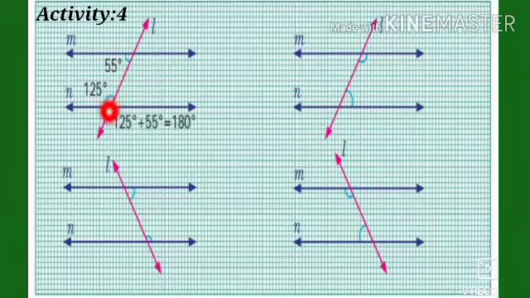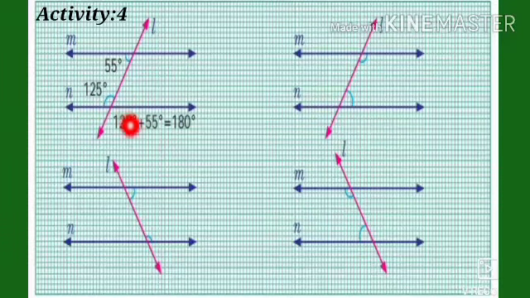And here come to this part, and here 125 degree is given, and to find the other angle by using linearity. So x degree plus 125 degree is equal to 180 degree, which gives x degree as 55 degree.